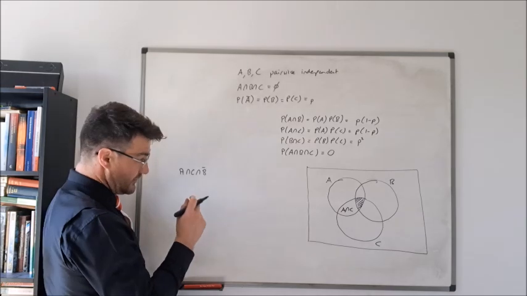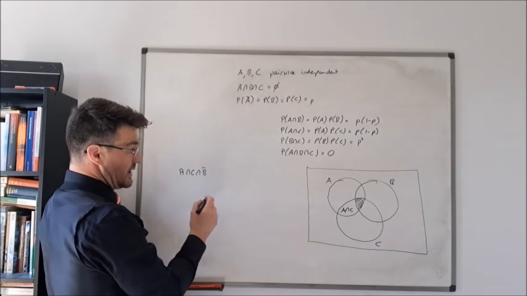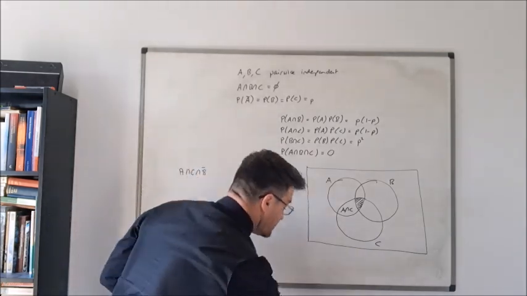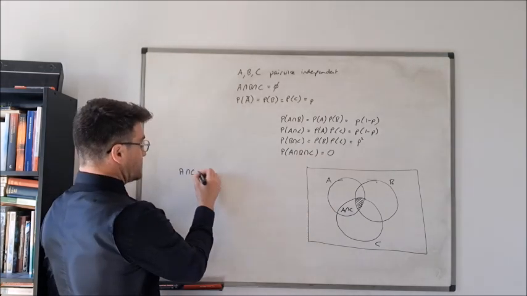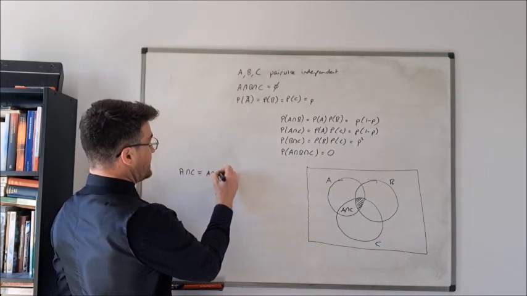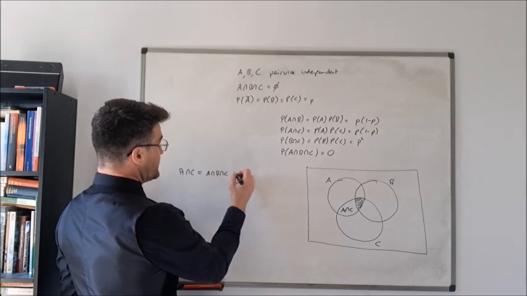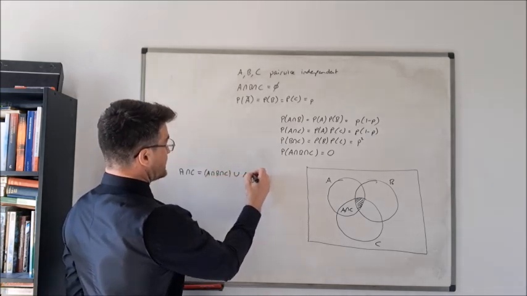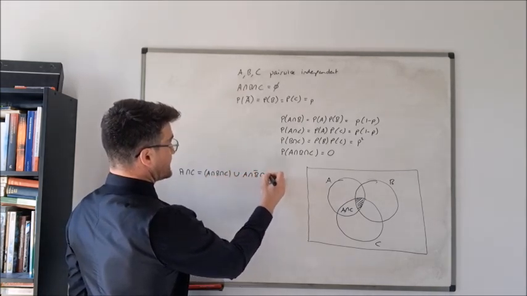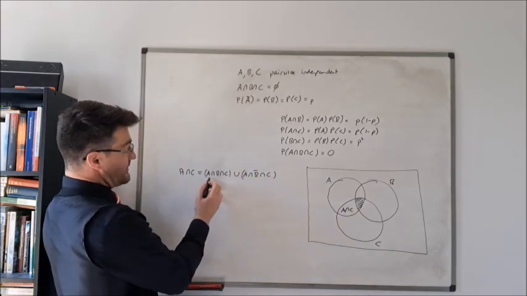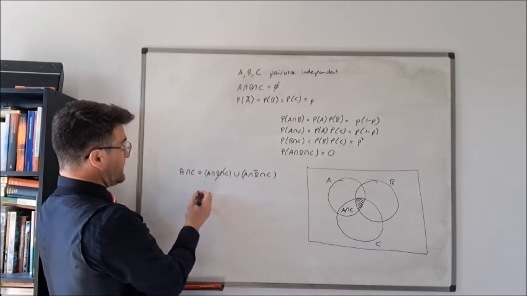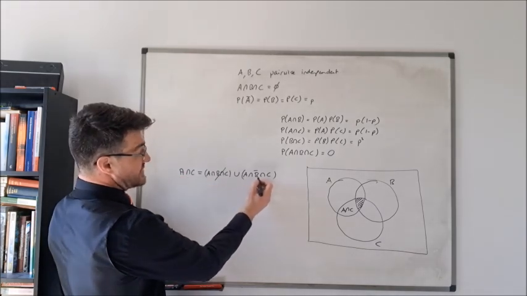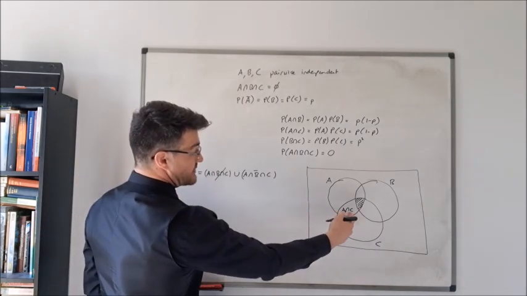But in this case, because A intersect C is equal to the event A intersect B intersect C union A intersect not B intersect C, and this event is the empty set, then A intersect C is just A intersect not B intersect C. So that's what I write in here.